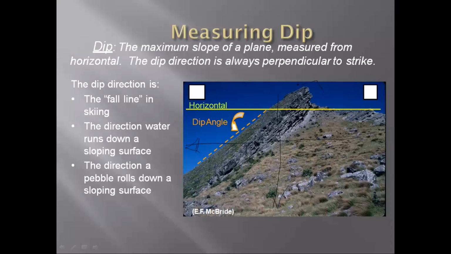You just put some water on it and see in what direction the water flows. The direction of the flow of water will tell you the direction of the dip. So this is the direction of the dip.